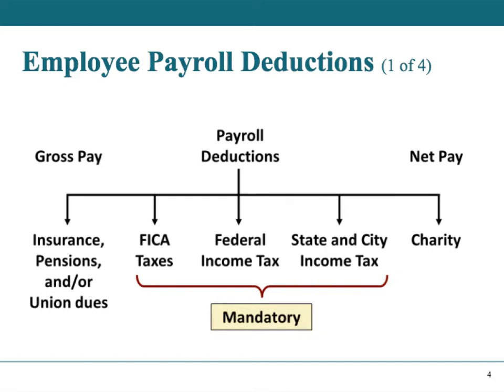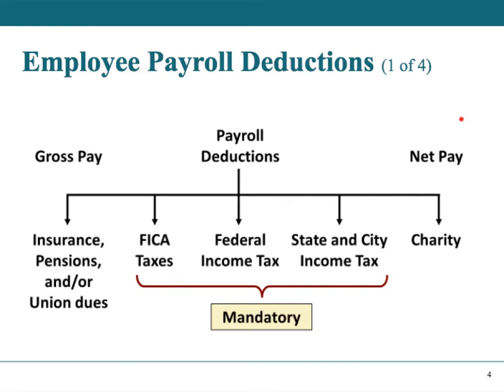Okay, I would really like for you to keep in mind employee versus employer items related to payroll. The employee has payroll deductions or withholdings. If you start with gross pay, for example, you might agree to be paid $10 an hour, but you will not receive $10 an hour.